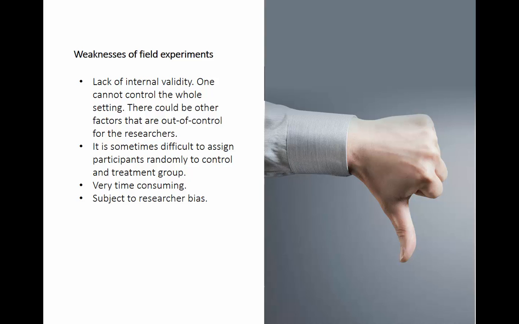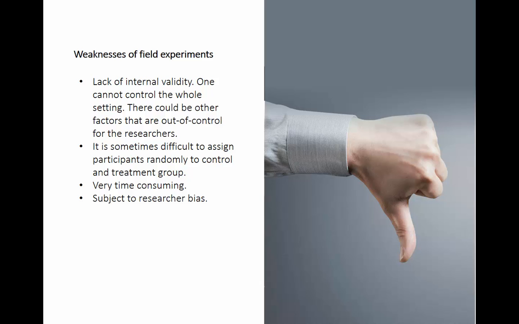That's something they can't control. They can't control who's showing up at which time. In a laboratory experiment, you can control that. It can also be very time consuming. Imagine they even had to put graffiti onto the wall, so I imagine that being fun, and being paid for it. It can be subject to researcher bias.